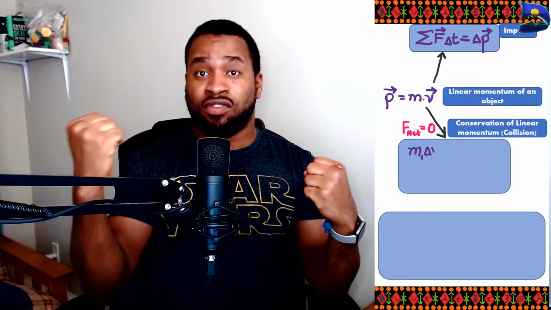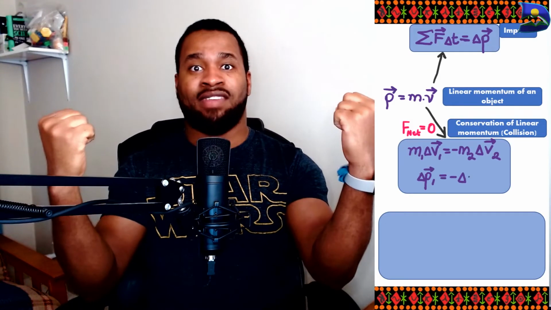Take note here that object 1's changing momentum and object 2's changing momentum is the same or equal to each other, because conservation of momentum is actually at play, but they are opposite in direction.